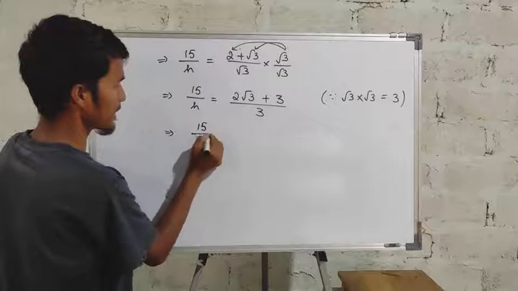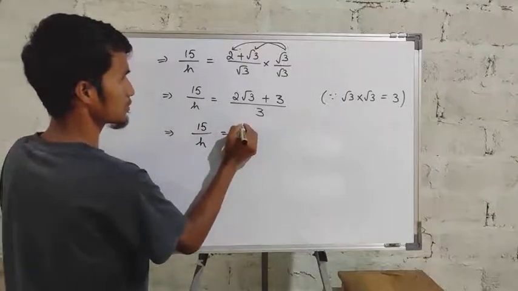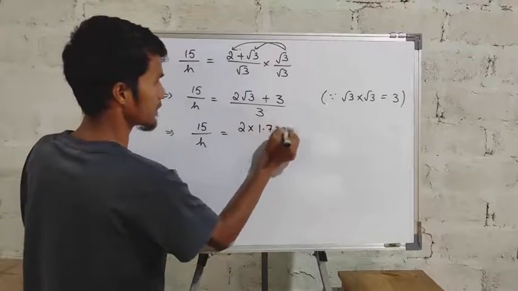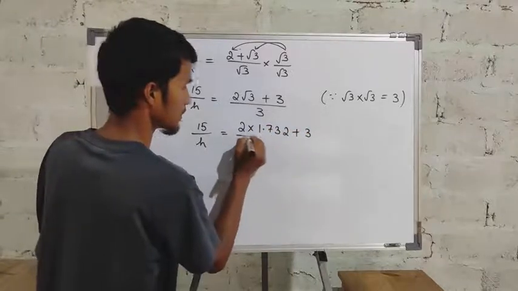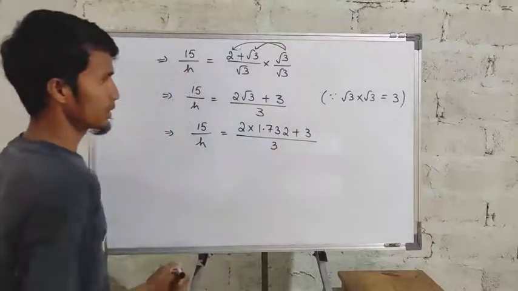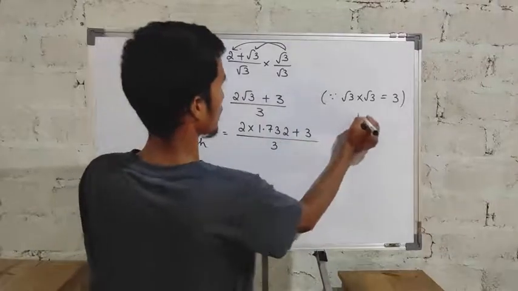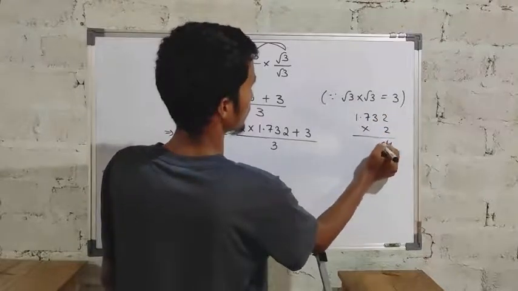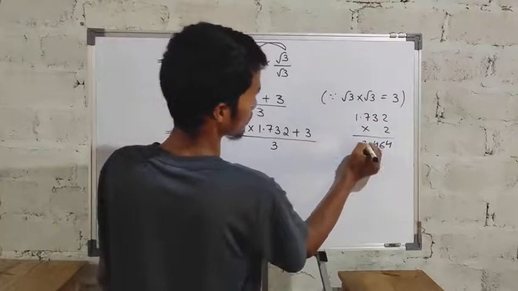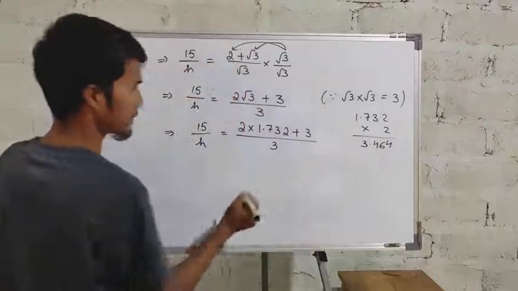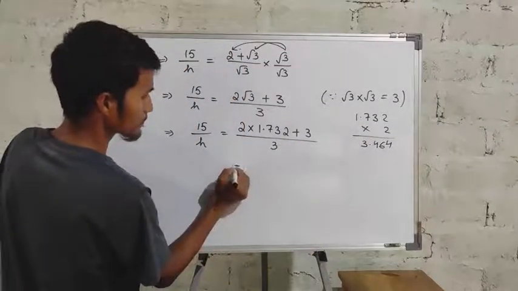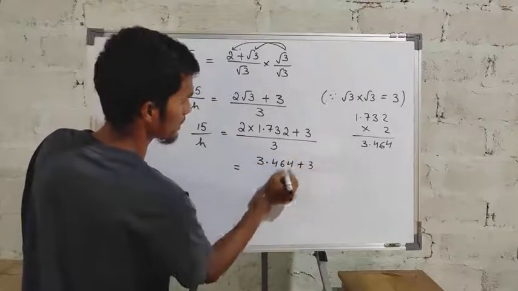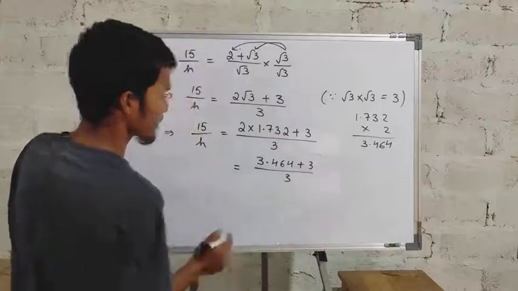Then 15 by h is equal to 2 times 1.732 plus 3 divided by 3. Then we multiply here: 1.732 multiplied by 2 is 3.464. Then 3.464 plus 3 divided by 3.